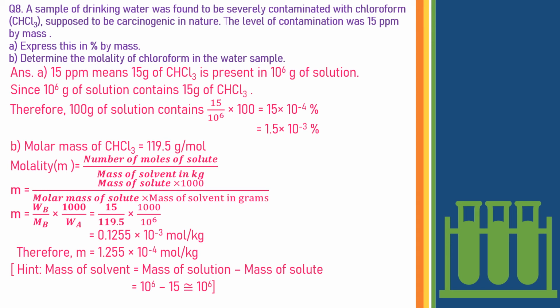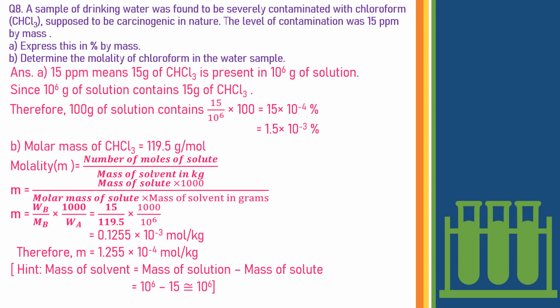Since 10 to the power 6 gram of solution contains 15 gram of chloroform, therefore 100 gram of solution will contain how much? Obviously 15 divided by 10 to the power 6 multiplied by 100. That will give us 15 multiplied by 10 to the power minus 4 %, or 1.5 multiplied by 10 to the power minus 3 %.